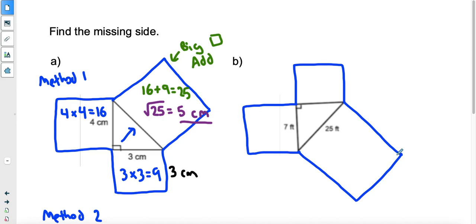Next, I want to find the area of each square. The area of this square with the side of 7 is just going to be 7 times 7, which is 49. The area of this square is going to be 25 times 25, which is 625.